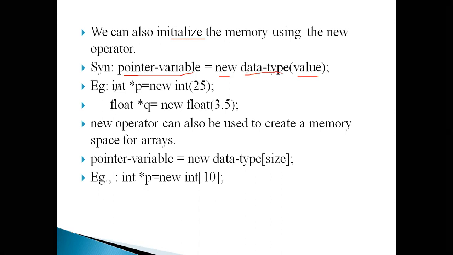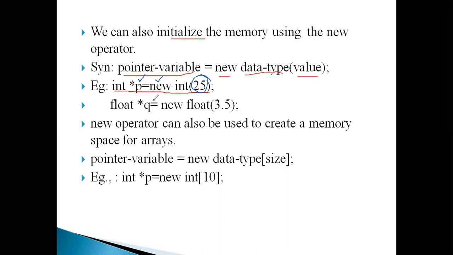Now look at this example: int pointer p is equal to new int of 25. When we specify like this, I am assigning the value 25 to the variable p. Before assigning, I must create or reserve the memory by means of new.